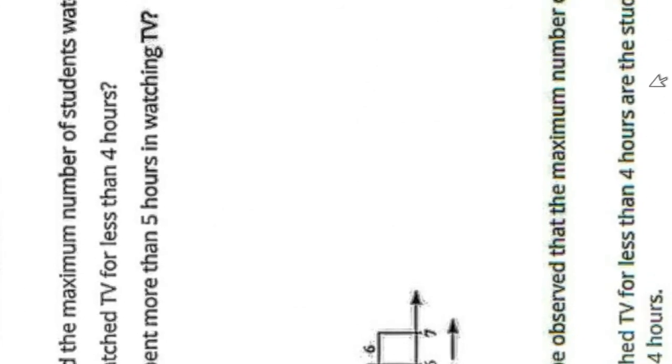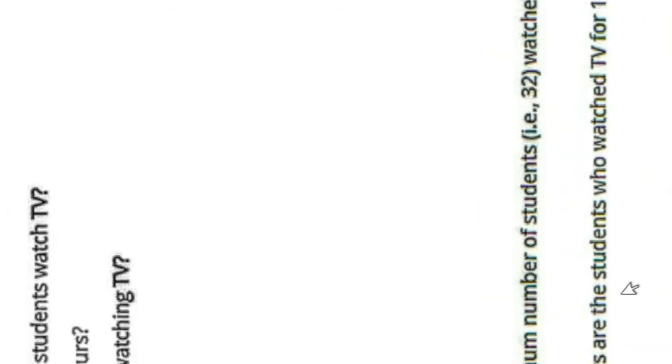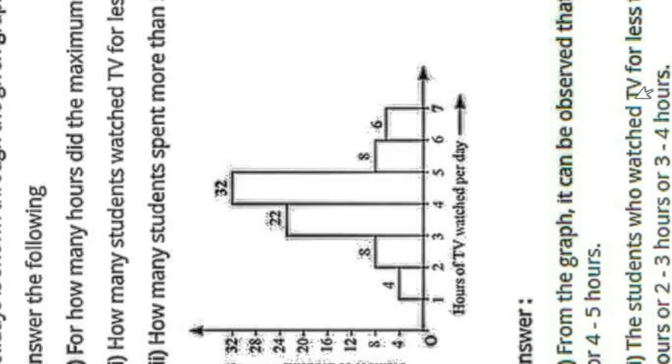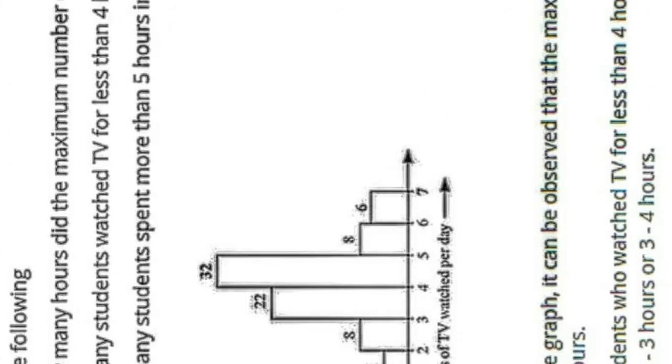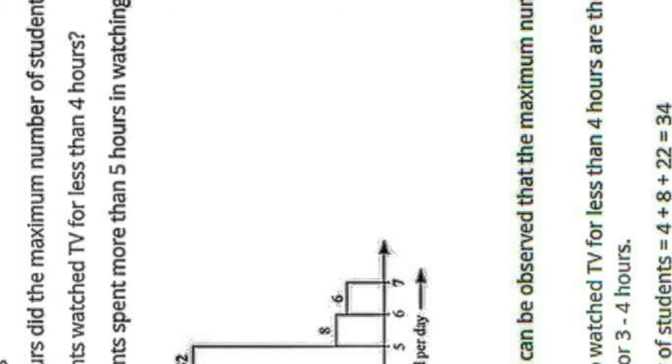So the students who watch TV for less than 4 hours are students who watch TV for 1 to 2 hours, or 2 to 3 hours, or 3 to 4 hours. All this you have to add. Hence the total number of students equal to 4 plus 8 plus 22 is 34. Clear?